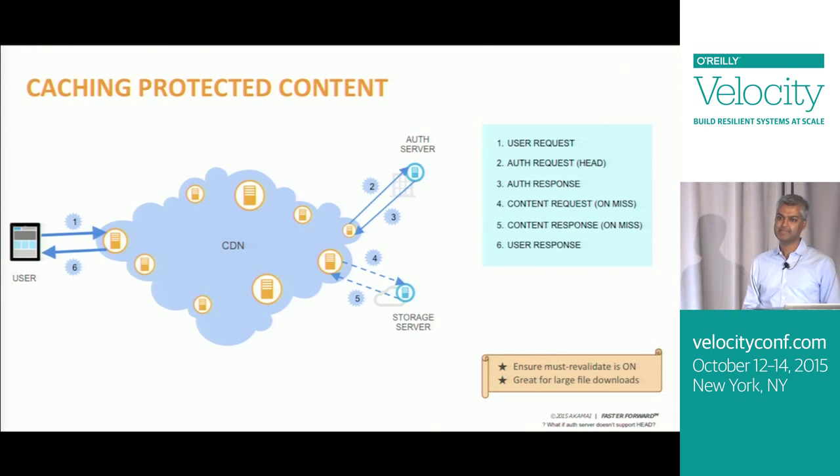And if it's a yes, then the edge will serve the object from cache. If it's a no, the edge can serve an error response. If there's a revalidation attempt at the edge, so let's say the cache is expired, or if it's a cold cache, then it can go and fetch that object from the content cloud, which can be the same as the authorization server, or it could be different.